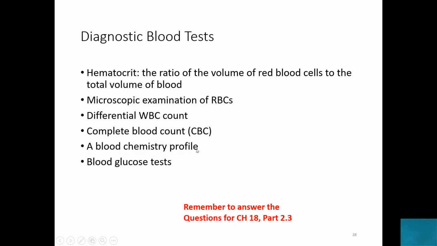Blood chemistry profile can include absolutely everything, determining level of vitamins in the blood, level of ions, level of hormones, a lot of different things. And there are also different types of profiles, and some blood tests can be very specific, just checking one certain thing like blood glucose tests.